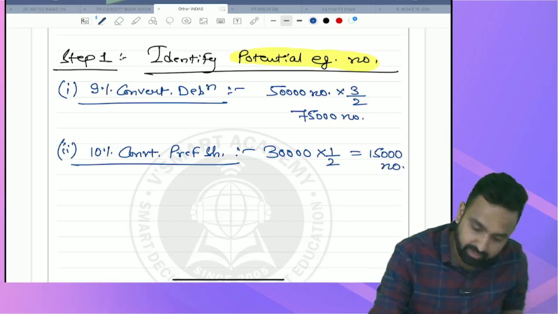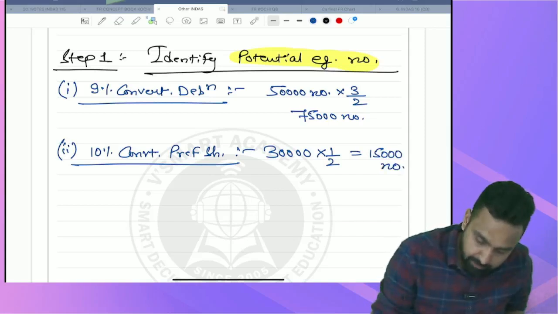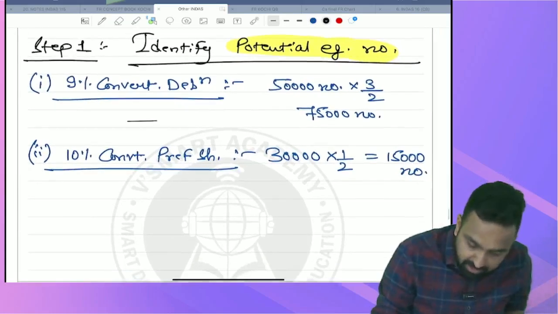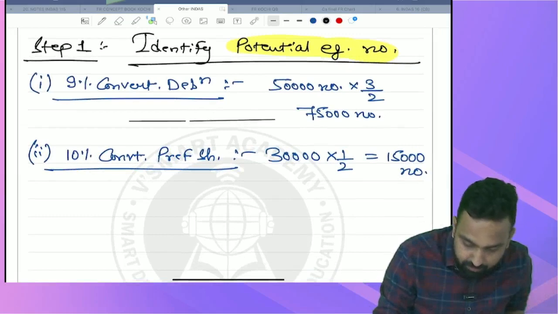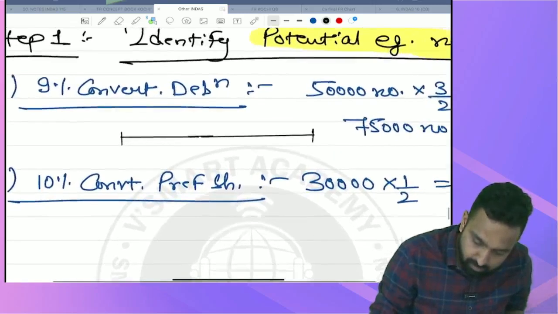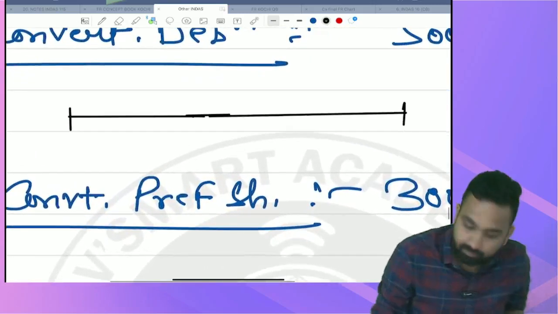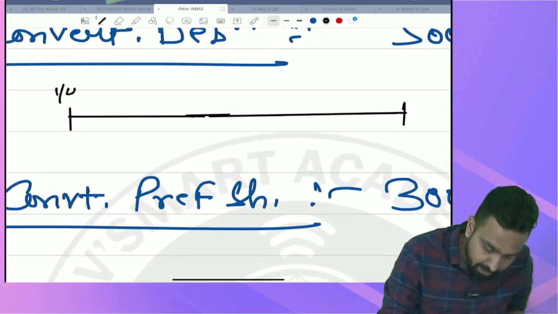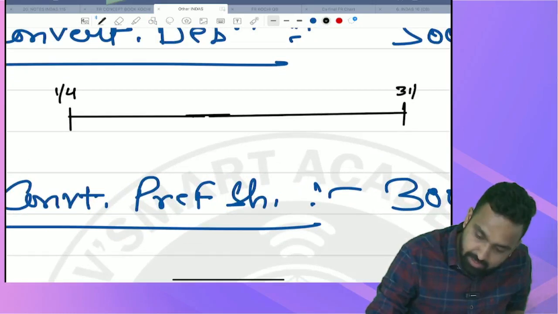Wait. As far as the convertible debentures are concerned, my year starts from 1st April and ends on 31st March.